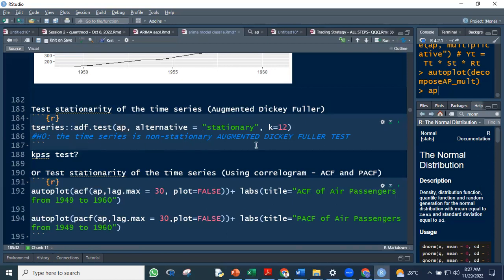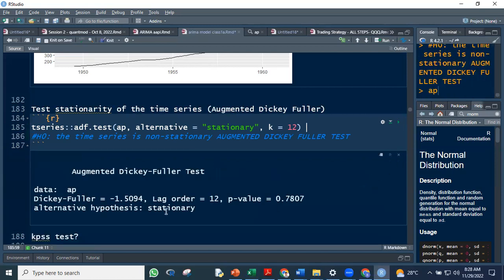And then usually k, this is the lags. You can use 10, usually 10 or 12 or 16, sometimes 24. This looks at the autocorrelation of our data up to 12 lags. Okay, so let's run this.